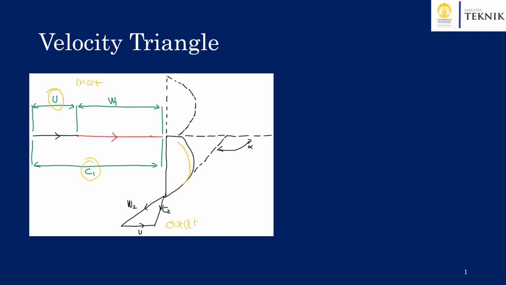By subtracting u from the jet velocity, C1 minus u, we have the relative velocity at the inlet, or W1. As the jet moves through the curves of the bucket, it creates an angle of alpha through this plane. As a result we have relative velocity of W2 and absolute velocity of C2 at the outlet.